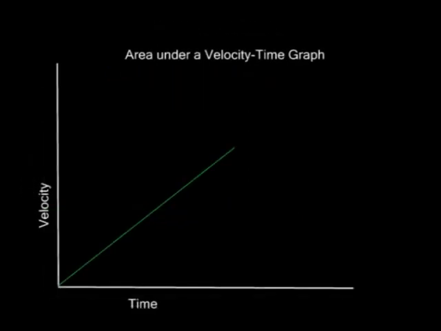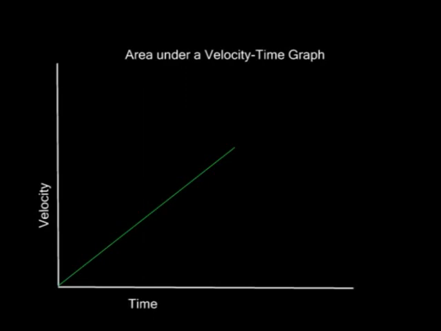An important thing to note is the area under a velocity time graph. Consider a body starting from rest and moving with a constant acceleration for time t seconds. The velocity time graph for the body is shown on your screen.